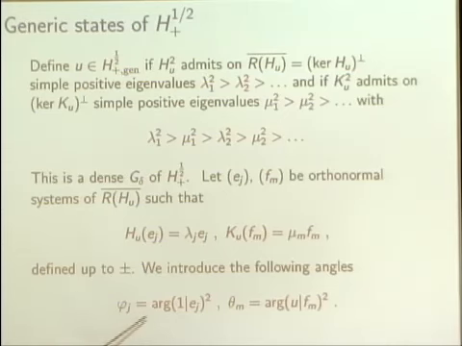And then you define angles, which are some kind of normalization constants, which correspond to the argument of the scalar product of u with the first eigenvectors, and the scalar product of u with the second eigenvectors, to the square. And the fact that you take the square here tells you that this is perfectly well defined, because if you change EJ into minus EJ, this will not change.